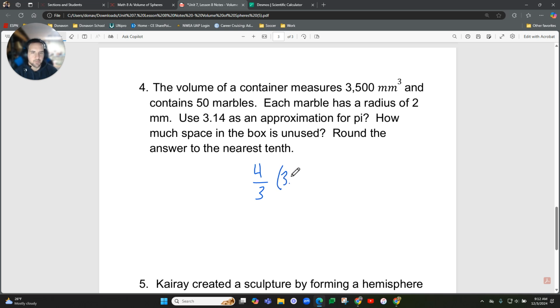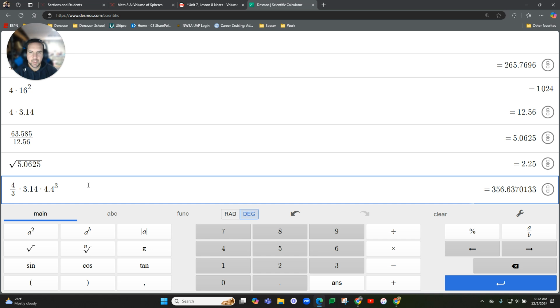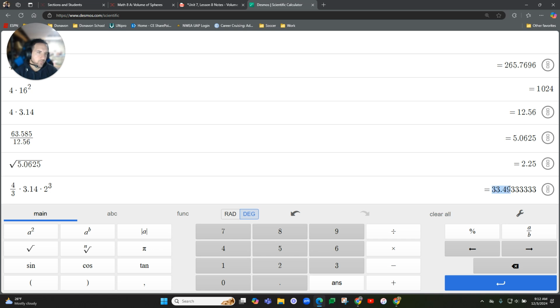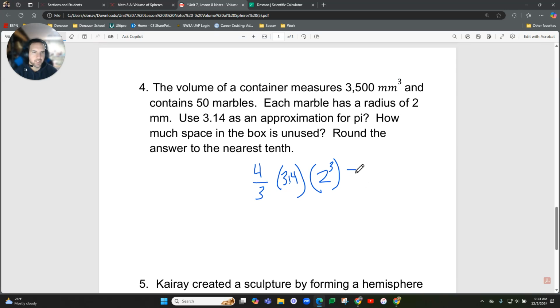So 4/3 times 3.14 times 2, because that's our radius, cubed. All I'm going to do is change this to a 2. So each marble is approximately 33.49. It's so close to 33.5, we'll just leave it as that.